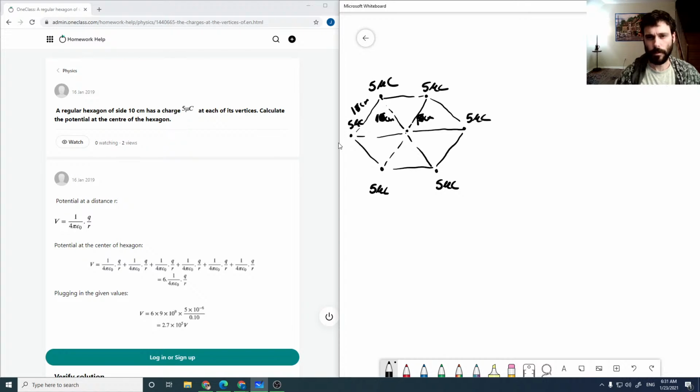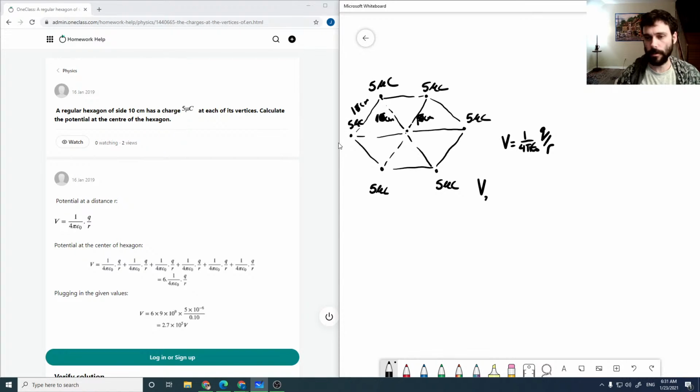So this distance here is 10 centimeters, which we're going to need because the potential for a point charge is 1 over 4 pi epsilon naught Q over R, where R is our distance.